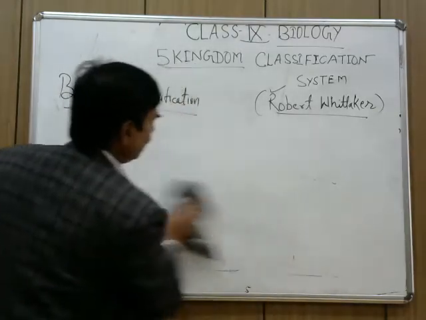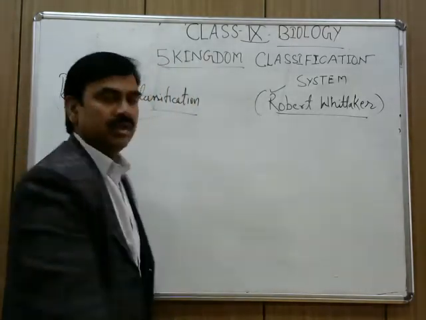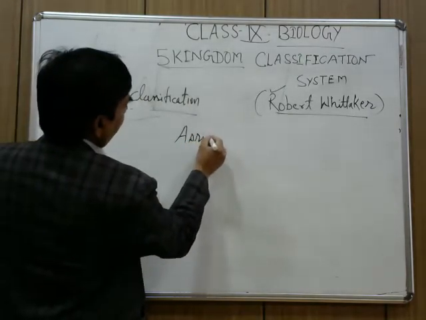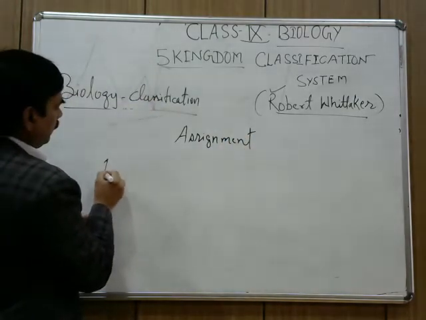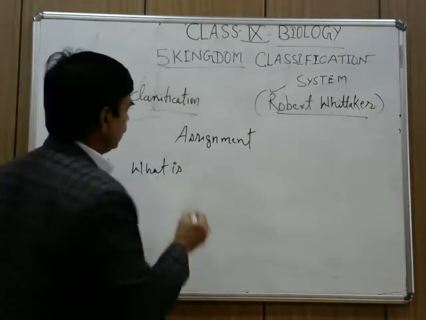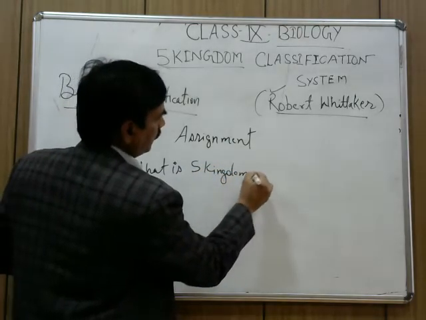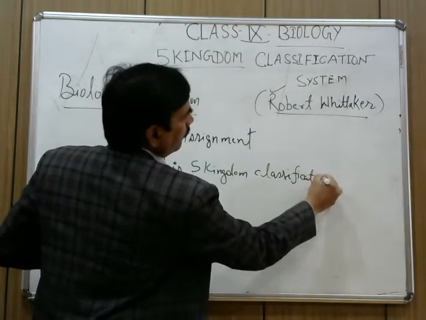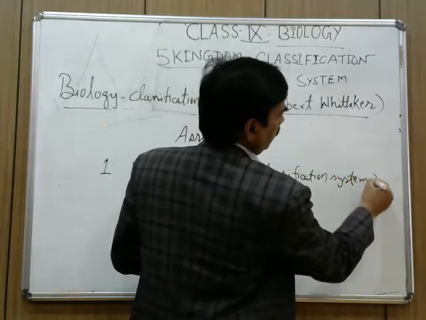Moving to the last point, as you know, I always give you questions. So the assignment question number 1: What is the five kingdom classification system?